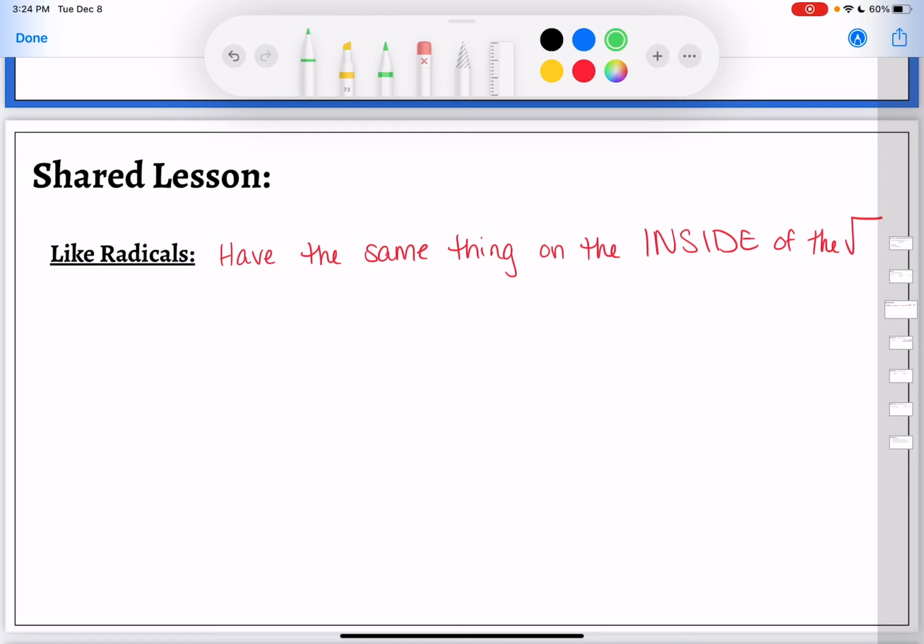So for example, if we wanted to make some examples of like radicals, we could say 2 radical 3 and 5 radical 3. Those would be like radicals. The 3 is the same on the inside, right?